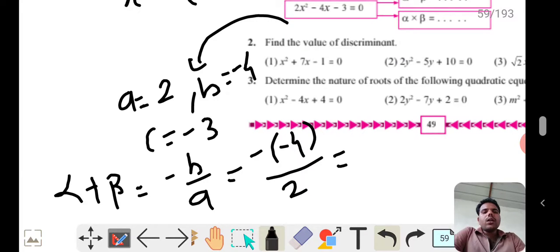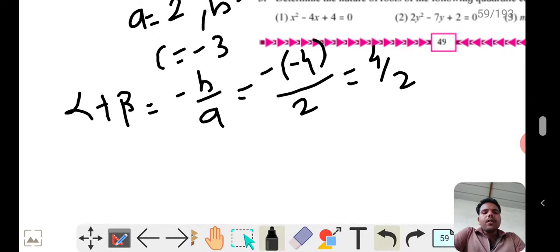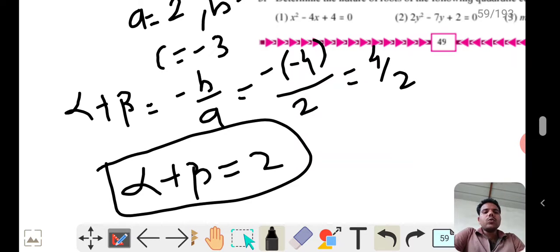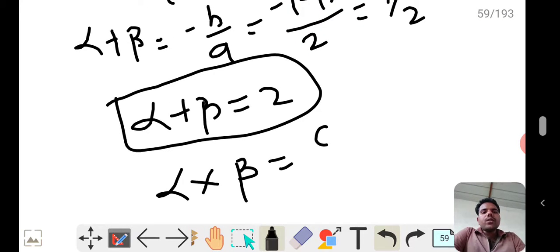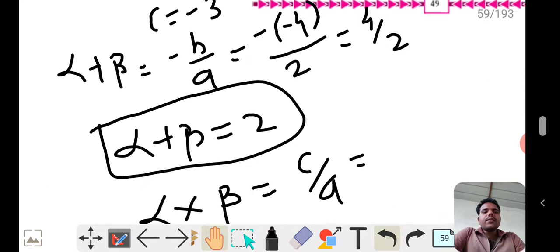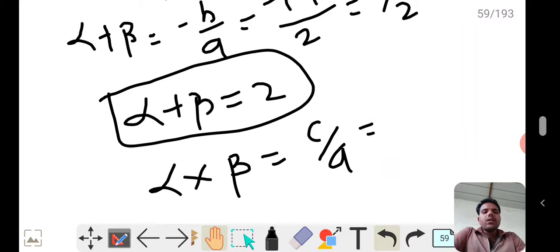So here minus of minus 4 is 4, by 2. So alpha plus beta is equal to 2. And from the second formula we can write alpha into beta is equal to c by a. Here c is minus 3 and a is 2, so minus 3 by 2.